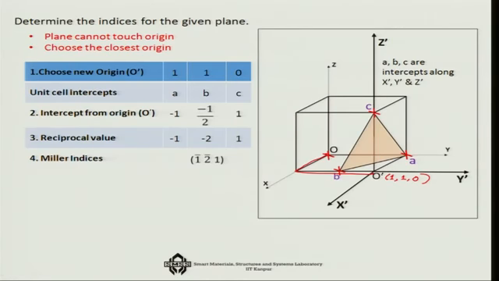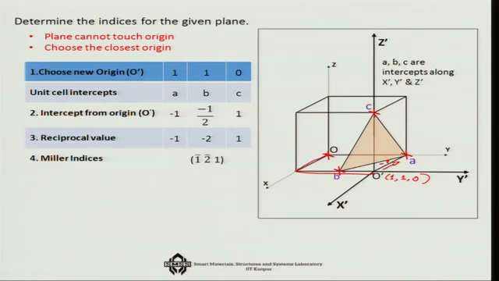So, that is what our O prime point is. Okay. Now, with respect to the O prime point, let us look at the intercepts of the cell. Okay. So, x axis intercept, how much is it? From O prime, we are going in the negative direction this way. So, that is why -1 is the intercept.